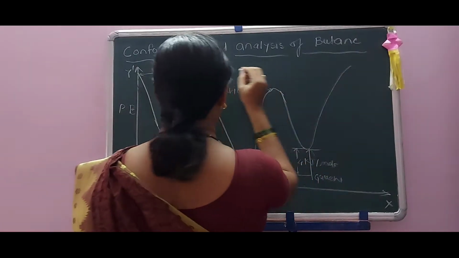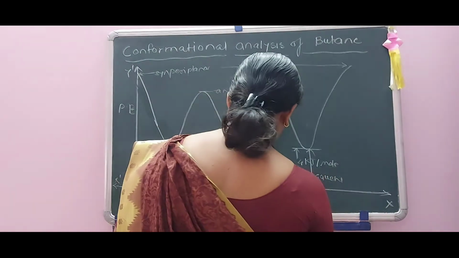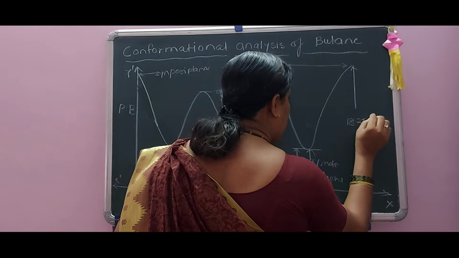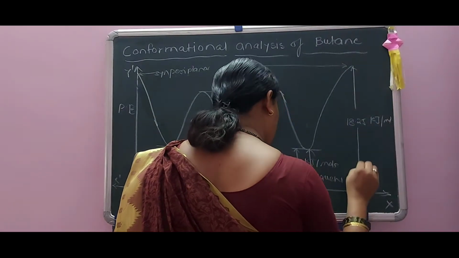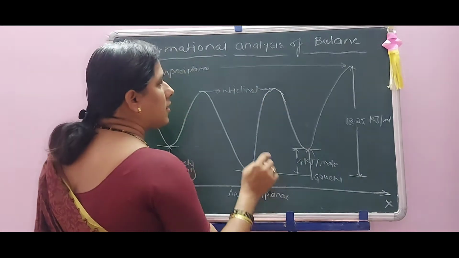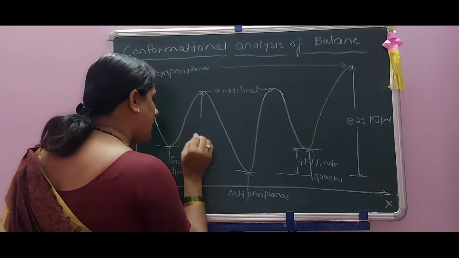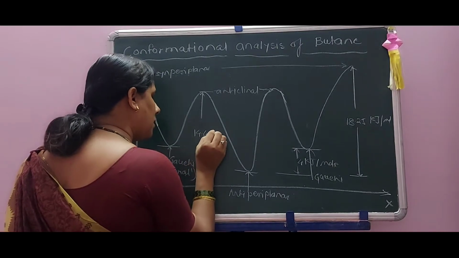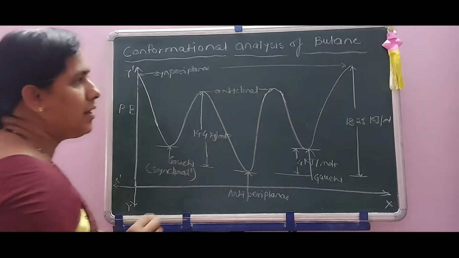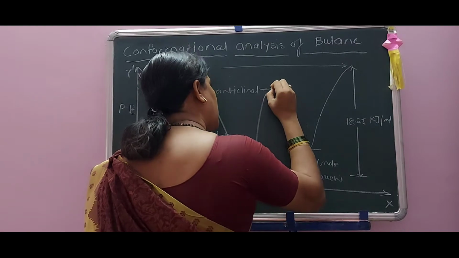Now this half and here also this half. The gap from this point to this is equal to 18 to 25 kilojoule per mole, and the gap from this position to here is equal to 14.4 kilojoule per mole.